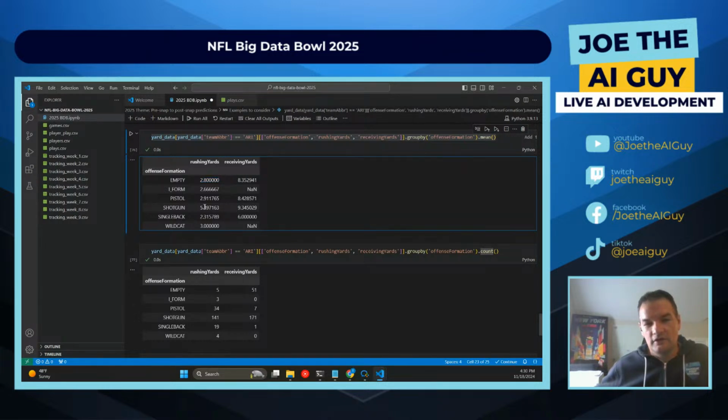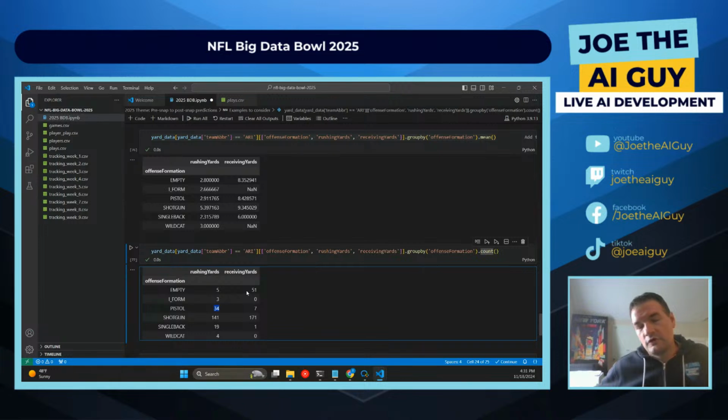Right, and then looking here, the second most or third most run is the pistol. We see here, though, once they shift into that pistol formation, it's better than the empty formation, but just barely. In terms of these cases, very similar overall outcomes. You have about the same receiving yards, about the same rushing yards, but you run far more heavily from this formation, and so you're not getting much out of being this formation, especially compared to shotgun.